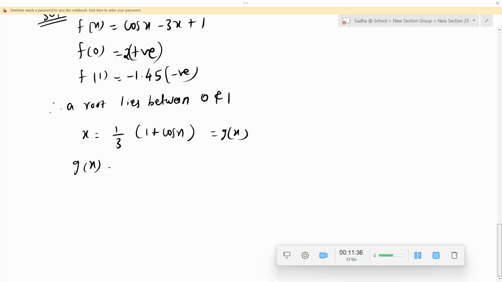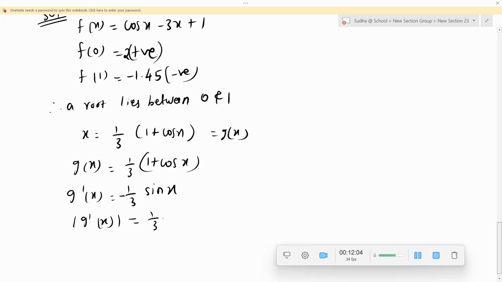So g of x equal to 1 by 3, 1 plus cos x. g dash of x equal to 1 by 3. Again here there is no x, 0. Cos x differentiation is minus sin x. So modulus g dash of x value is 1 by 3 sin x.